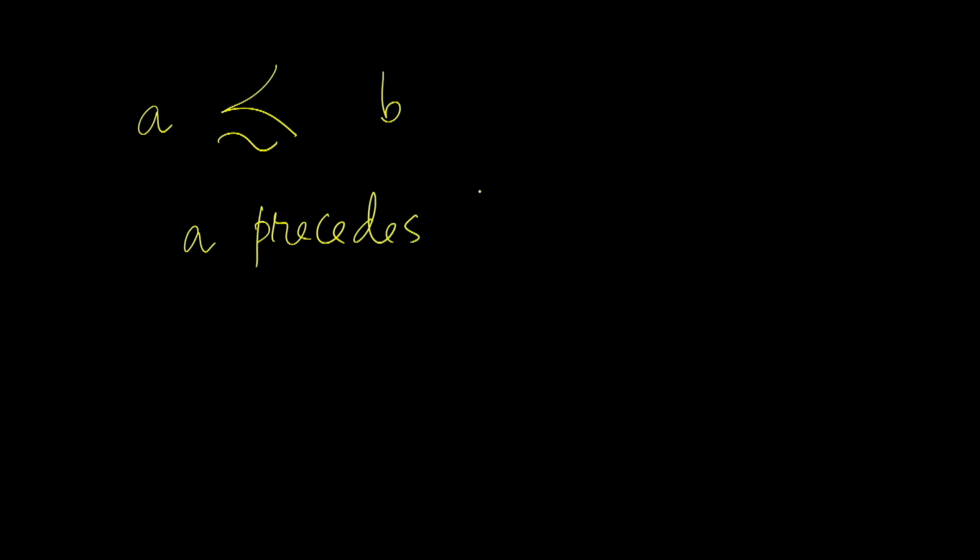A generic symbol that we use for denoting partial ordering relations is this. We could write it in this fashion and read this as A precedes B.